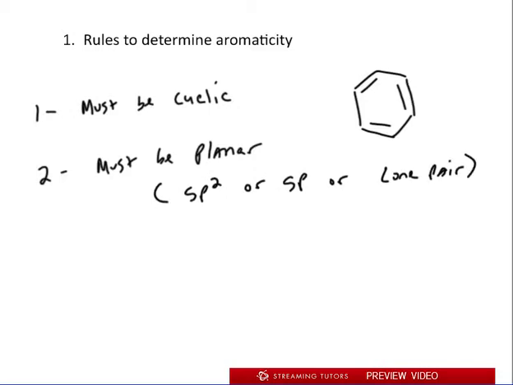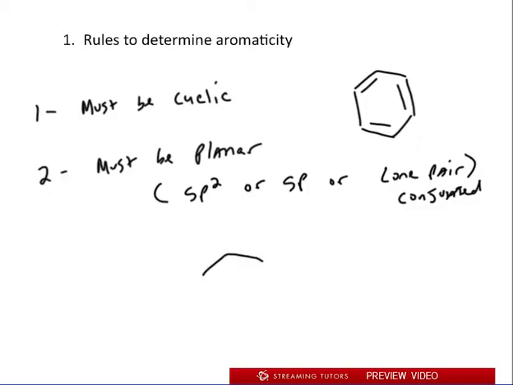Now, a lone pair allows it to become planar, and we'll see why when I get to lone pairs at the end of this video. But it allows it to be planar as long as the lone pair is conjugated to a double bond, because then you can think of it as planar. See, sp3 carbons are not planar, and so they can never be aromatic, right?